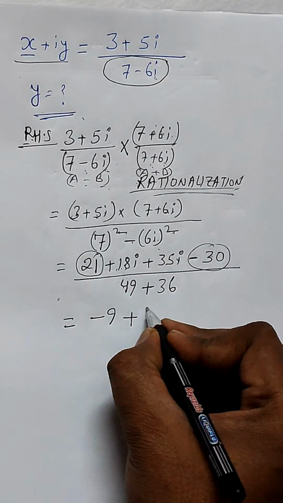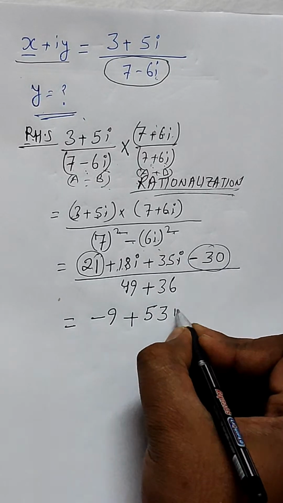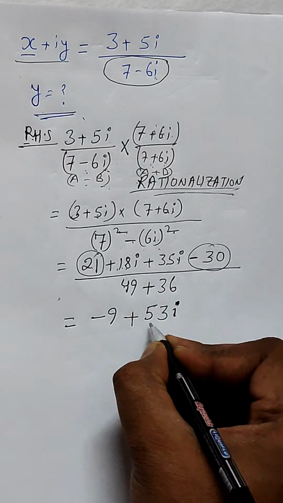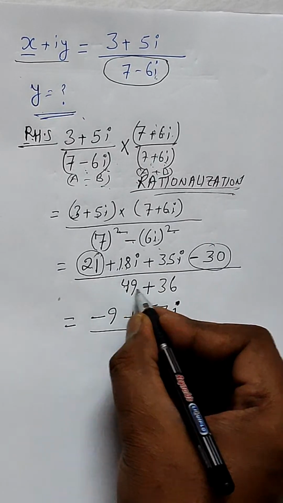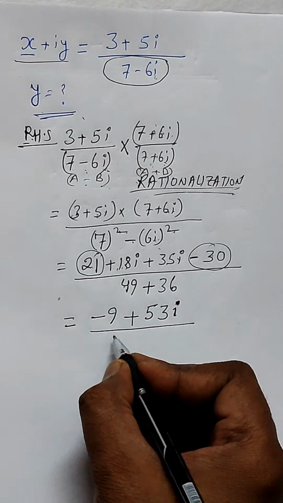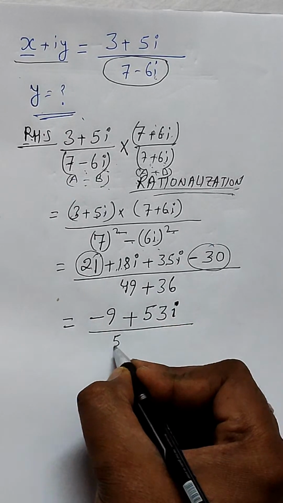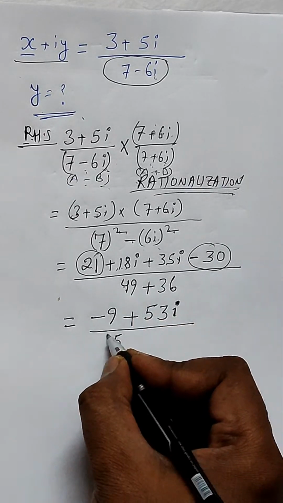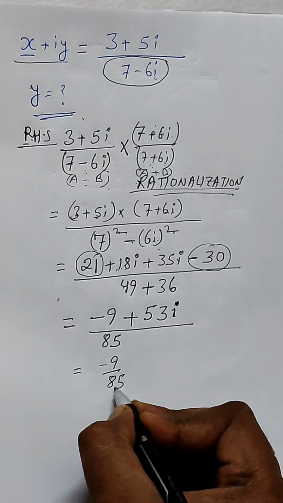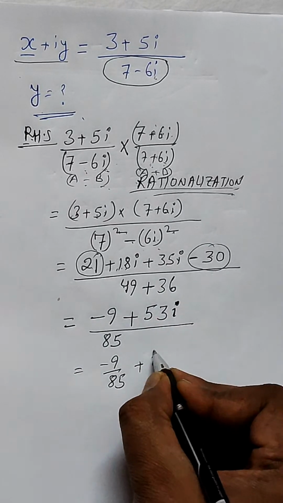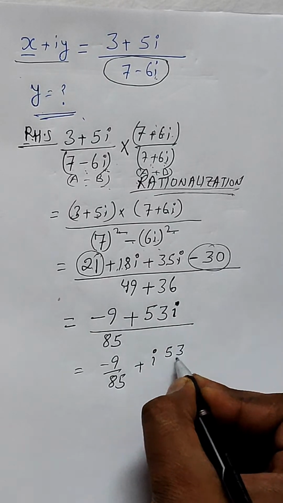So 53i is your imaginary part in the numerator, and this will be divided by 49 plus 36. What's the value? 85. So the real part is minus 9 by 85, and the imaginary part can be written as 53 by 85.